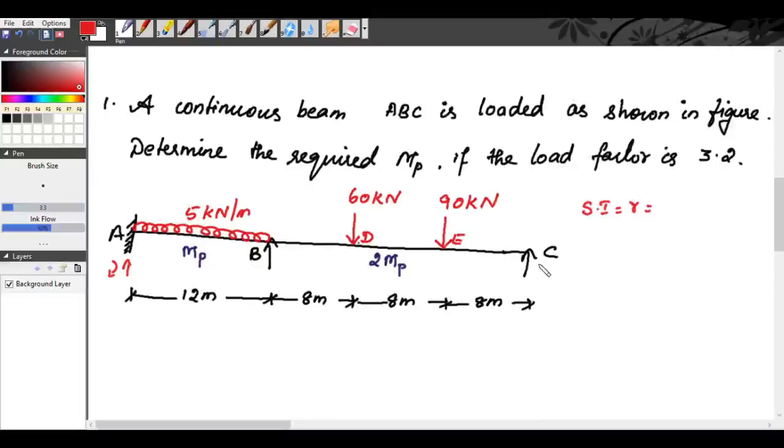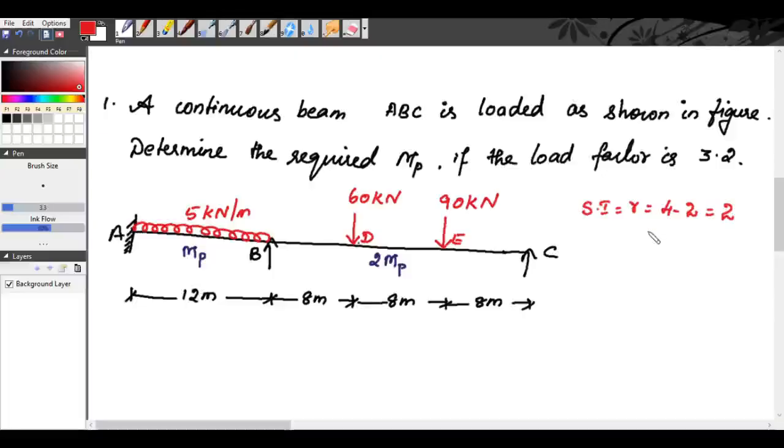At C, we have one unknown reaction. So totally 2 plus 1 plus 1, so 4 unknown reactions. So it is 4 minus the number of equilibrium conditions available for the beams with the vertical loadings, which is 2. So statical indeterminacy is equal to 2.